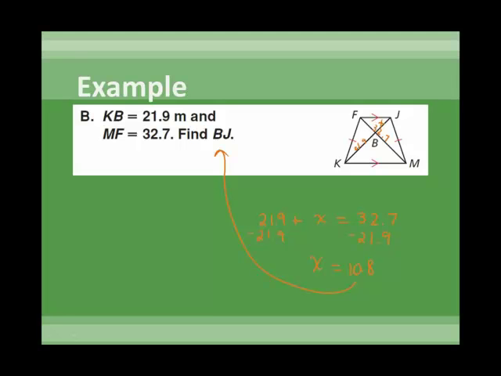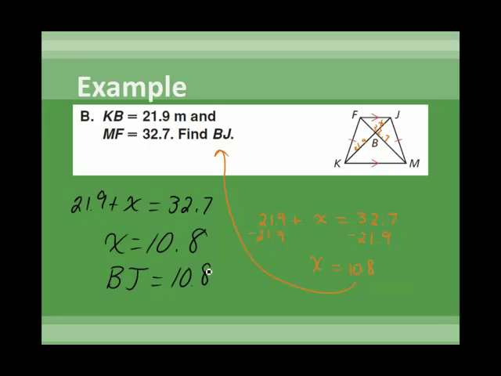We knew that KB was 21.9, but we didn't know what JB was, so I called that X. We know that 21.9 plus X had to be equal to the other diagonal, which is 32.7, and then if you subtract, you get X is 10.8. So that's the length of segment BJ, 10.8. That's just using the fact that in an isosceles trapezoid, diagonals are congruent.